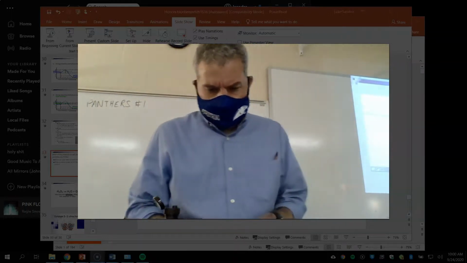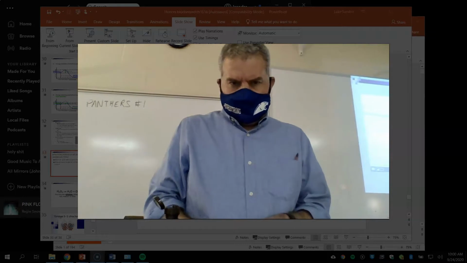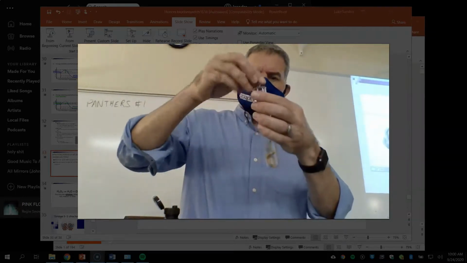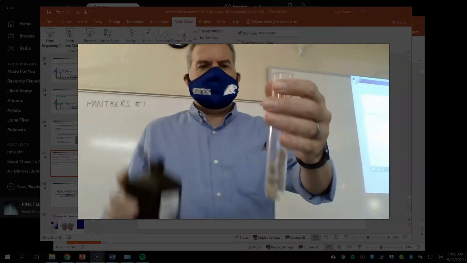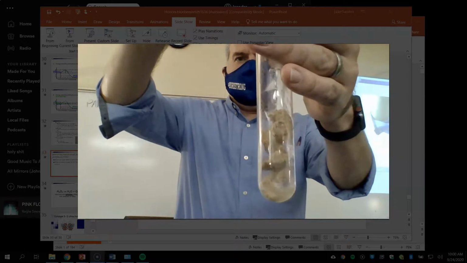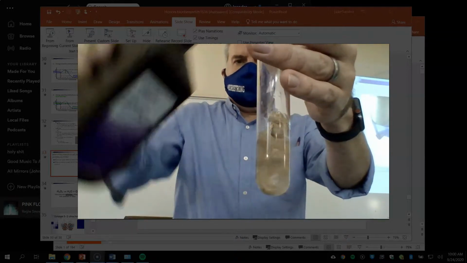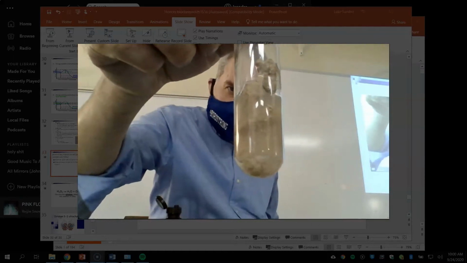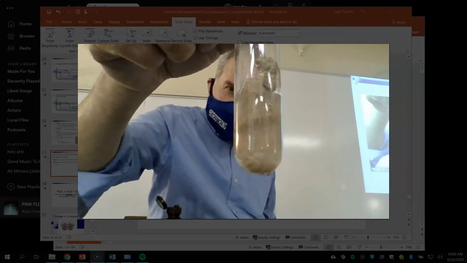All right, let's do liver. It's our last one. That's a lot. Bad experimenter. Okay, it's hard to tell what's bubbles and what's chunks of liver disintegrating.